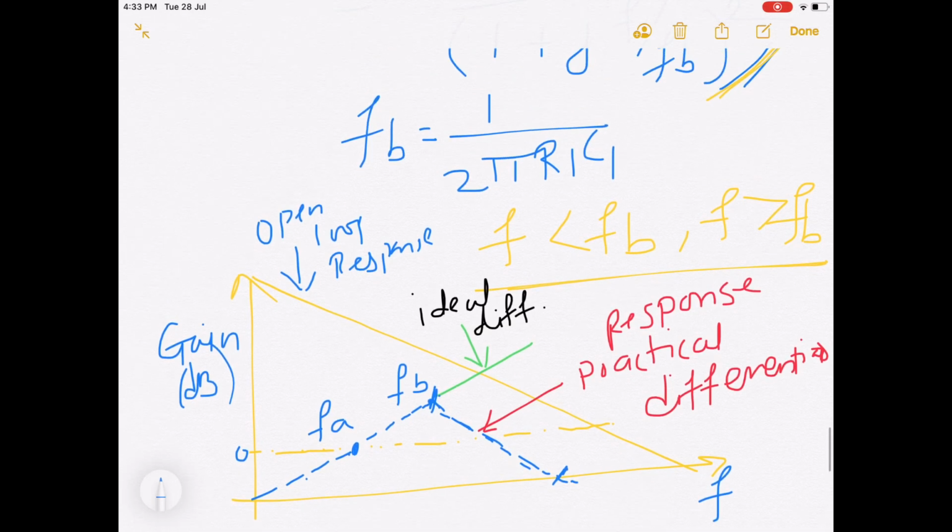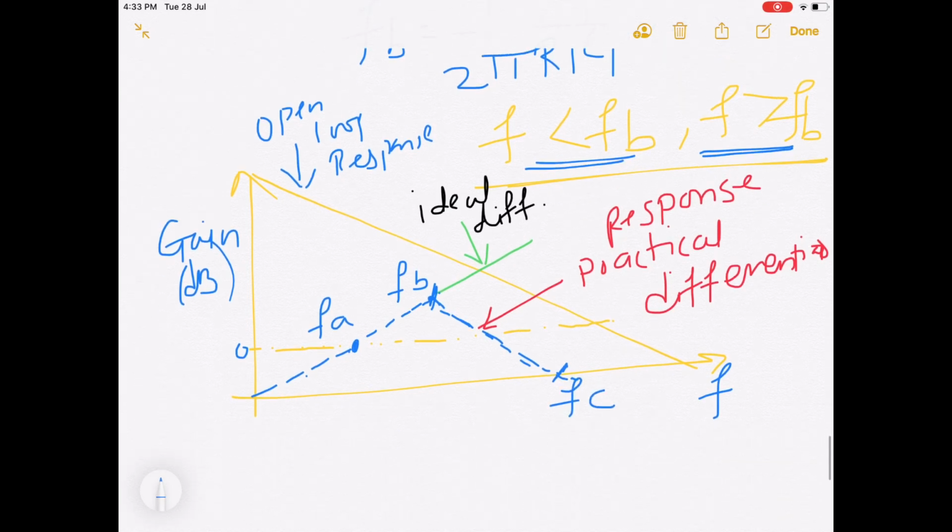So, from this you have to design your frequency. You will get differentiation at the points between fa and fb. So, f should be less than fb and greater than fa. You have to select such points. Suppose this is fc.